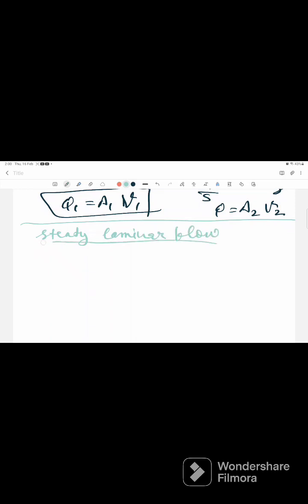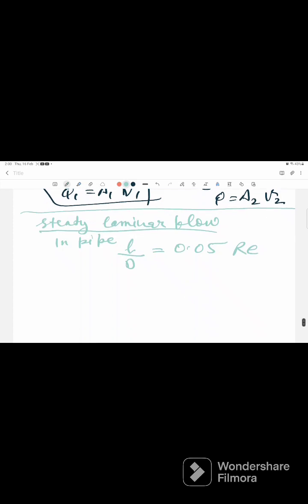Steady laminar flow in pipe: L by D equals 0.05 into Re. Assumptions: this is allowed only for incompressible fluid and Newtonian fluid.